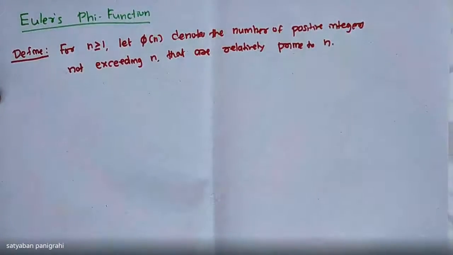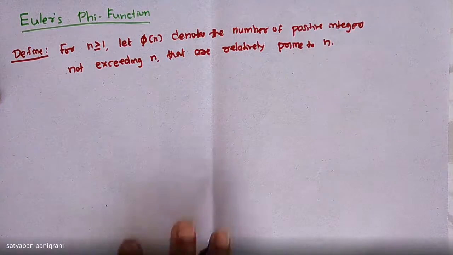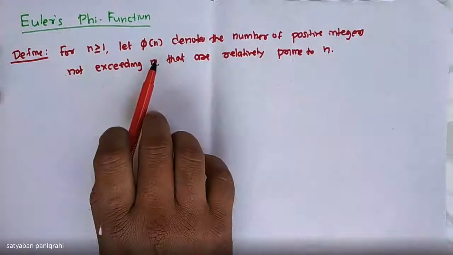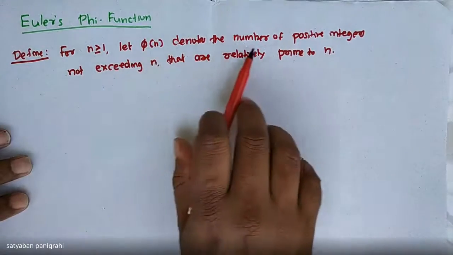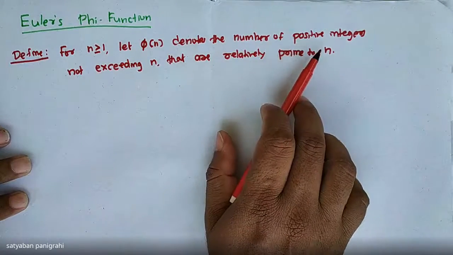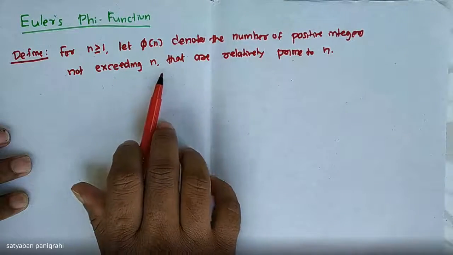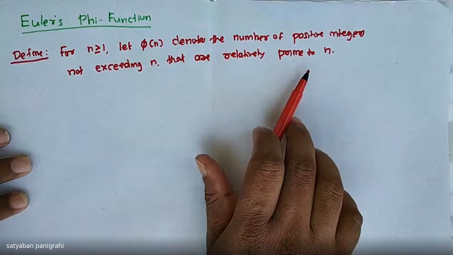Okay. What are we saying? We are defining that the Euler phi function phi of n is the number of positive integers which are less than n and relatively prime to n.